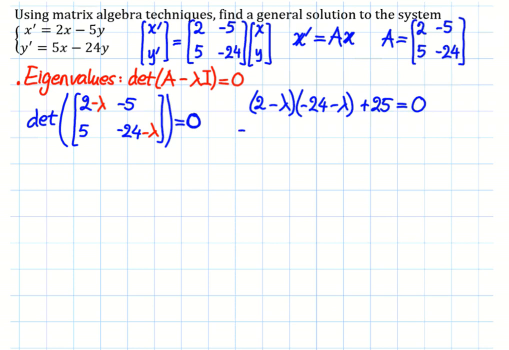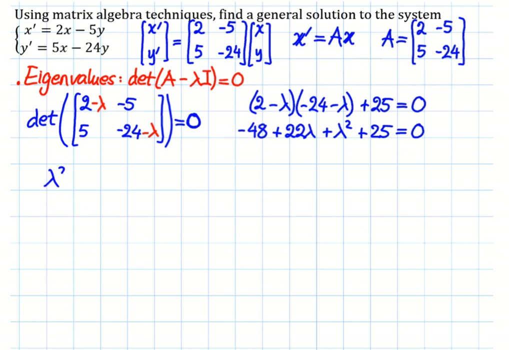Multiply them out, -48 minus 2 lambda plus 24 lambda, so that would be plus 22 lambda plus lambda squared plus 25 equal to 0.